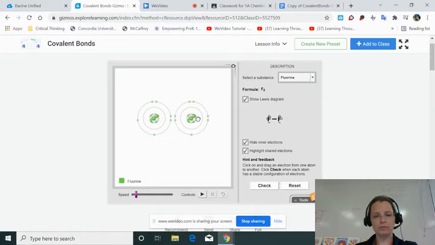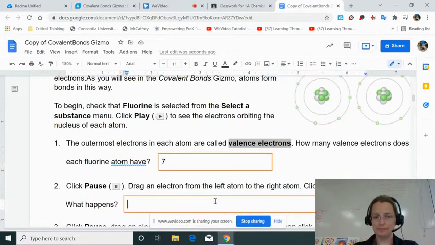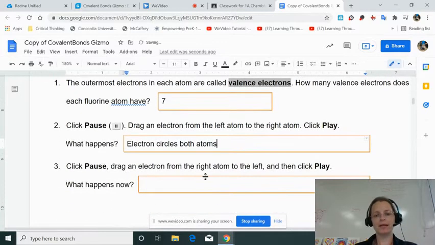Left to right. So you notice now, and if you hit play, you can see it. This electron goes around both atoms. Pretty cool. Okay, and now we do the same thing, but we go from right to left. So let's do that.